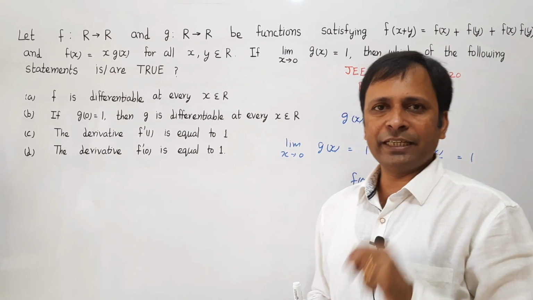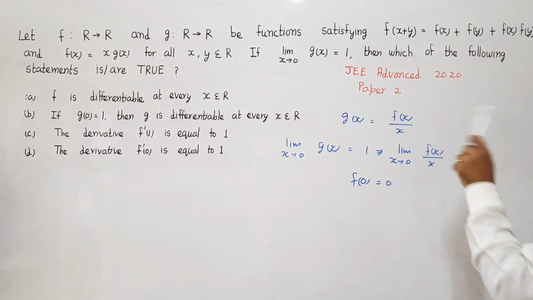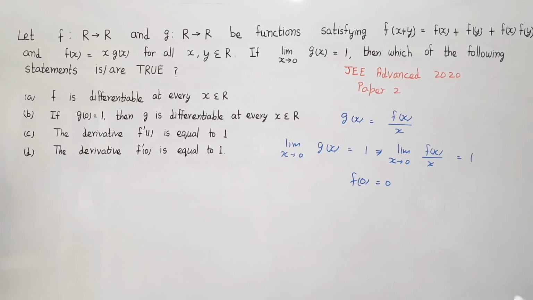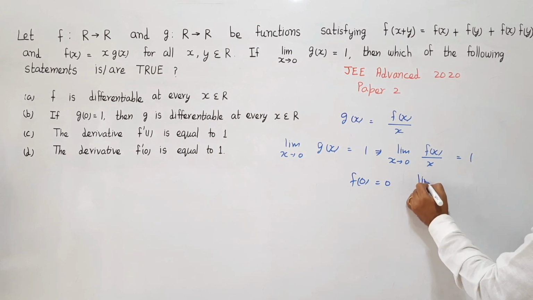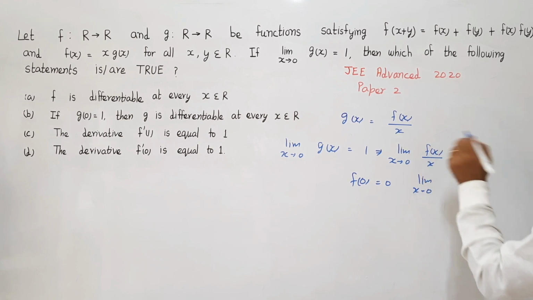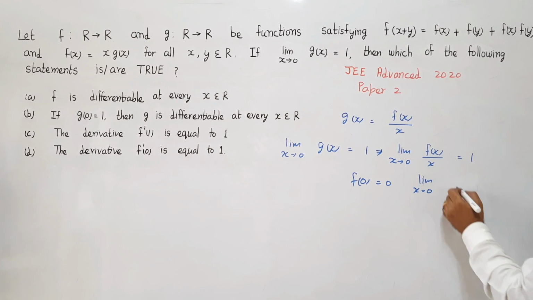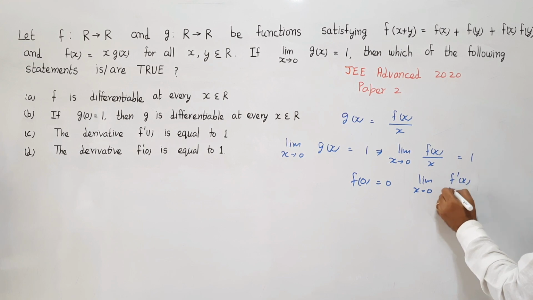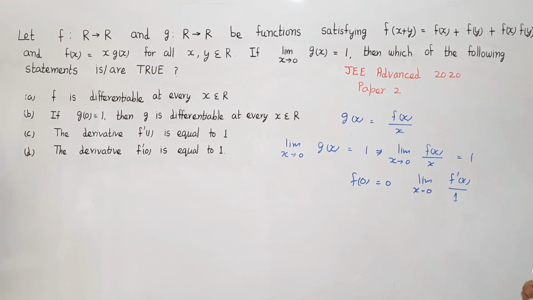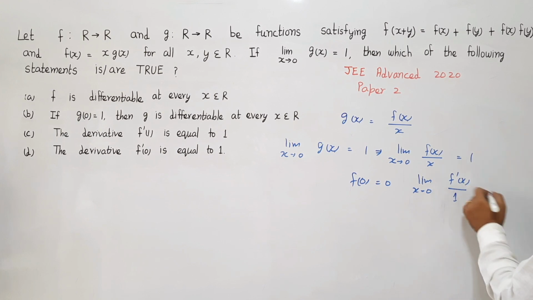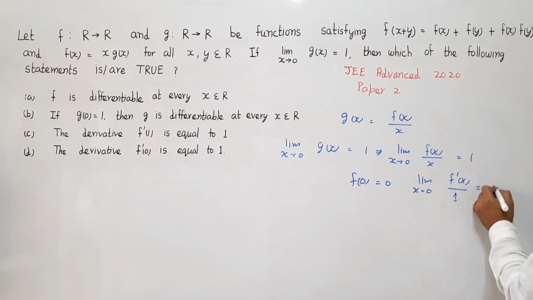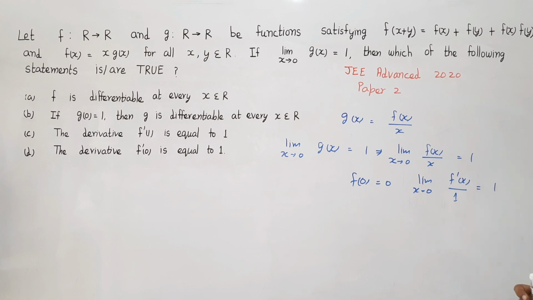That is the first thing. The second important thing is, if I use L'Hospital's rule in this limit, since the function is of 0 by 0 form, I get the limit as x tends to 0 of the derivative of the numerator, f'(x), divided by the derivative of the denominator.